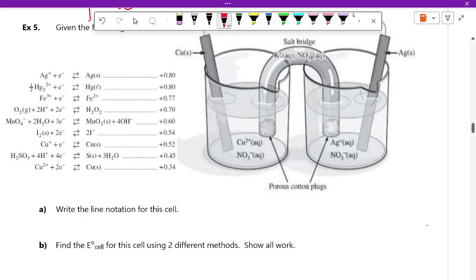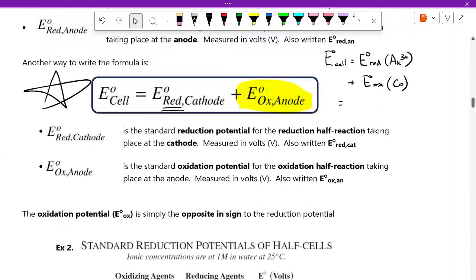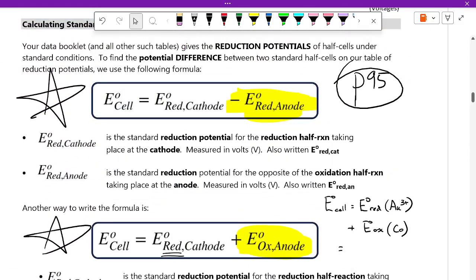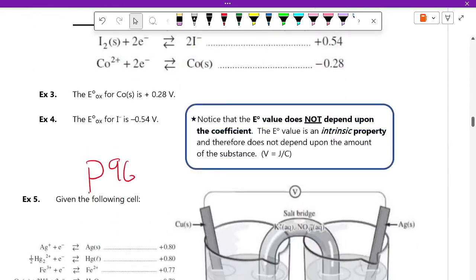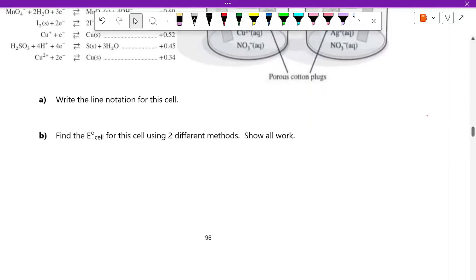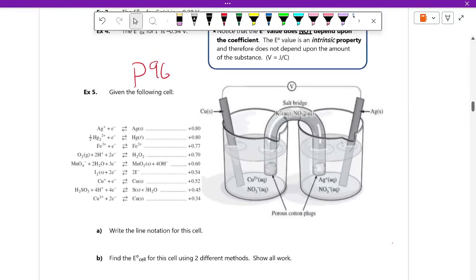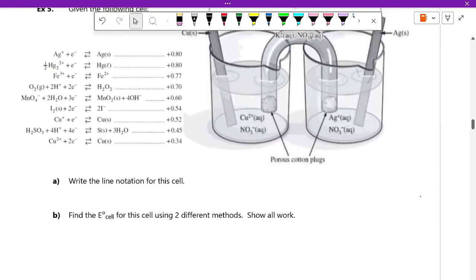And by the two different methods, I mean E naught cell equals E naught of reduction at the cathode minus E naught reduction at the anode. Also using E naught cell is E naught reduction at the cathode plus E naught oxidation at the anode. You are doing example 5.